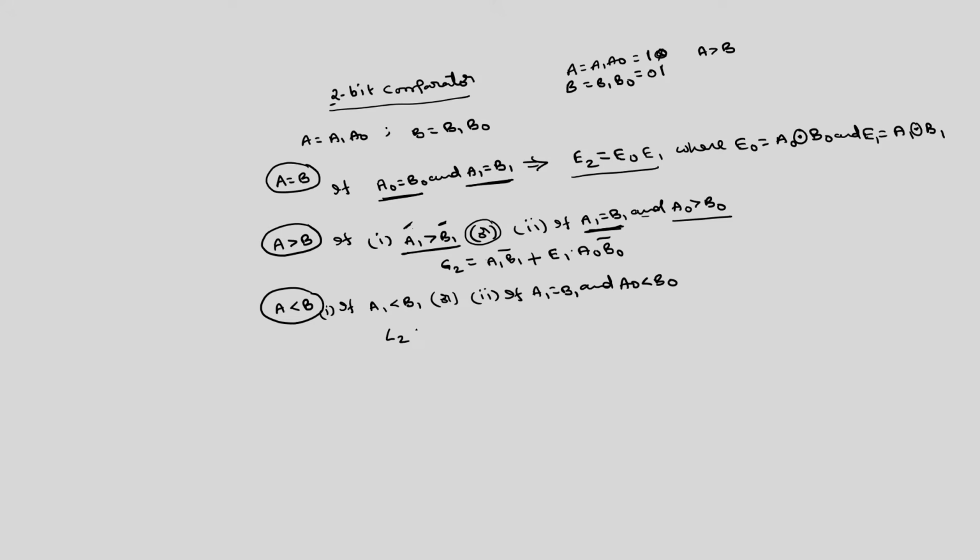A1 less than B1 means A1 bar B1, plus A1 equal to B1 means E1, I have defined what E1 is here, and A0 bar B0. So, these are the expressions. And for 1 bit comparator, we have taken A0 B0 as this one.